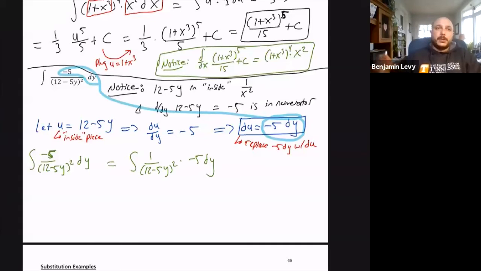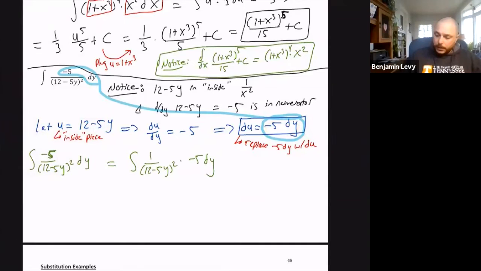The 5 is just like multiplying a fraction and it goes into the numerator, is one way to think about it. It's like a minus 5 over 1. And when you think about it like that, that's what lets you see, oh, okay, well, then I'm just going to take minus 5 dy and replace it with du.